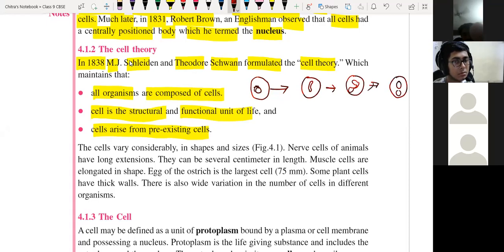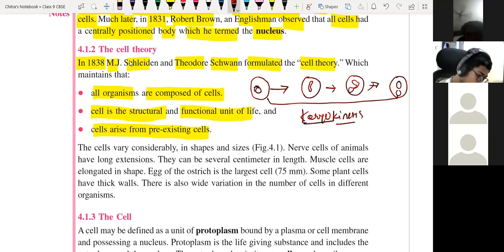This nuclear division is called karyokinesis. Karyo means nucleus and kinesis means division. Sir, can you repeat? The division of the nucleus inside the cell is called karyokinesis. This is the first step of cell division.